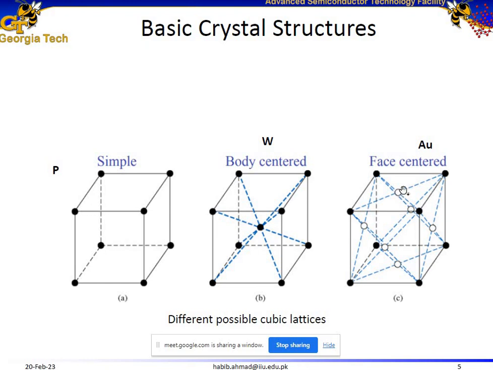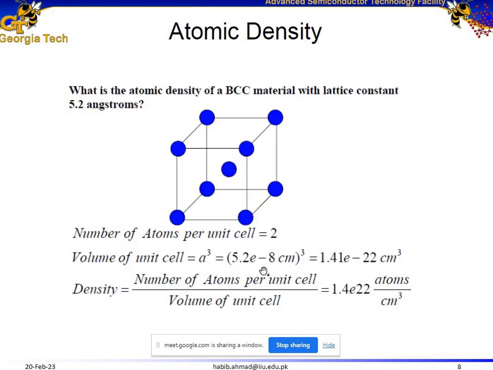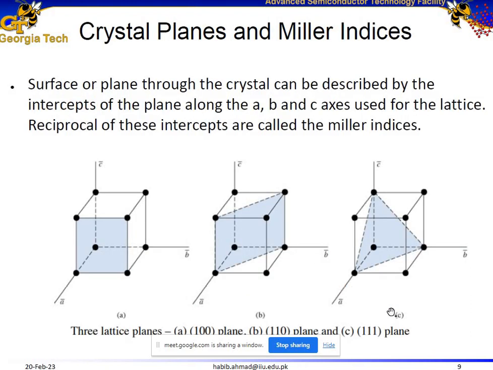So if there are 6 faces, then they are each contributing half an atom to the unit cell, or 6 atoms times 1/2 becomes a contribution of 3 atoms from the faces per unit cell, and a contribution of 1 atom from the corners of the unit cell. So in total, a contribution of 4 atoms per unit cell, and the density would be 4 atoms divided by the volume of the unit cell, and you can easily calculate the atomic density for this as well.